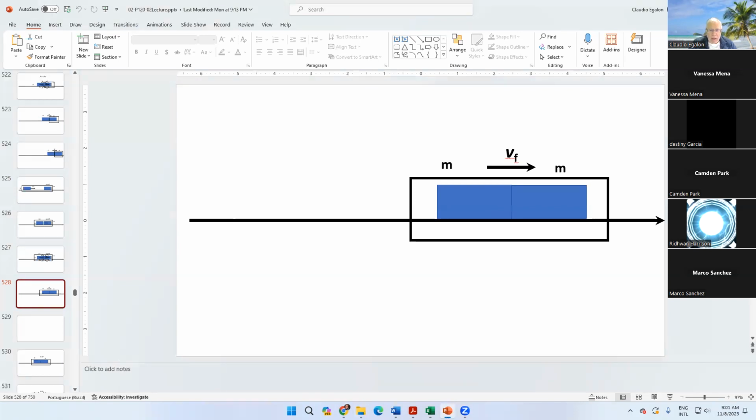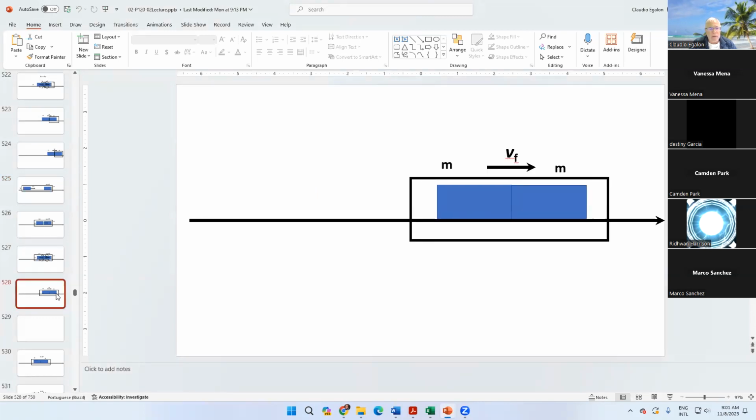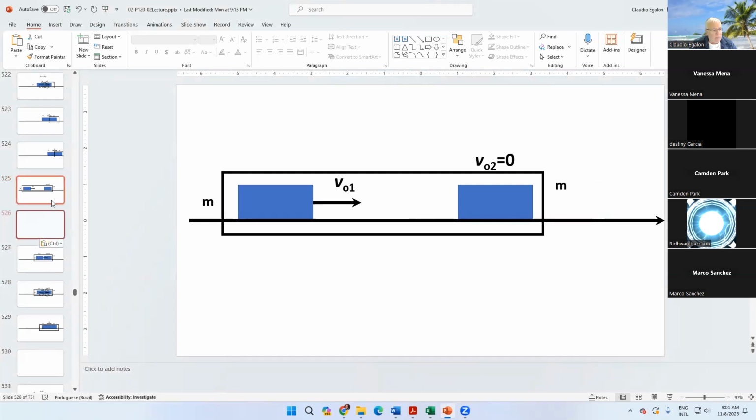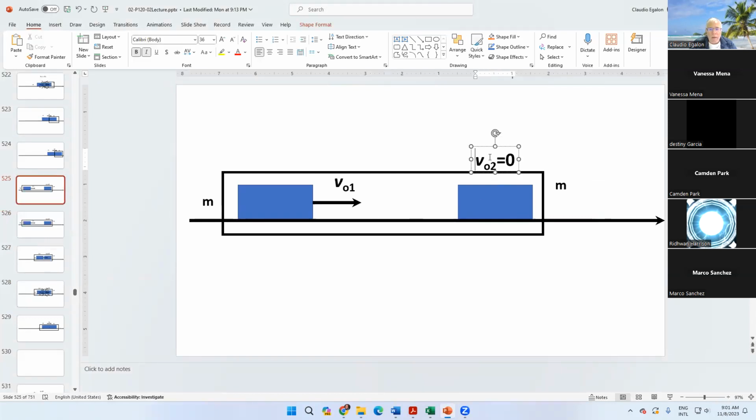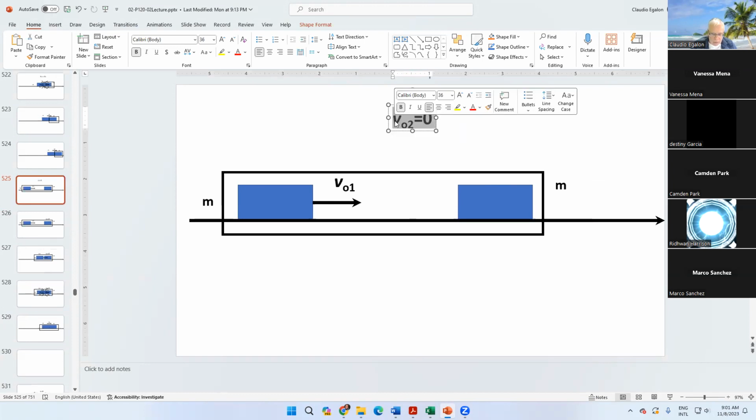That's why we can say, from this instant all the way down to this instant, the net force applied to the object is zero. And isn't that nice? And this is the case of inelastic collision.